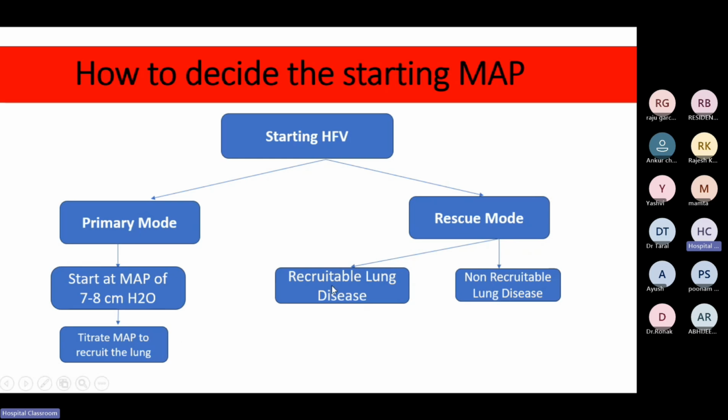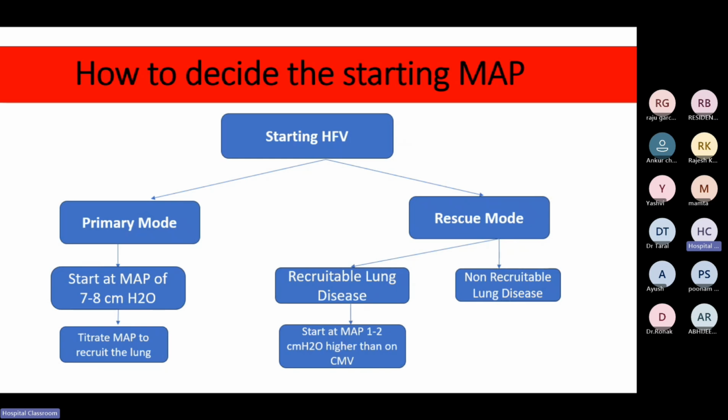So if I'm dealing with a recruitable lung disease, the option is that you start at a mean airway pressure 1 to 2 centimeters higher than that on conventional ventilation. Suppose I have a baby on conventional ventilation with a pressure requirement of say 22/7, and the mean airway pressure is around 11.